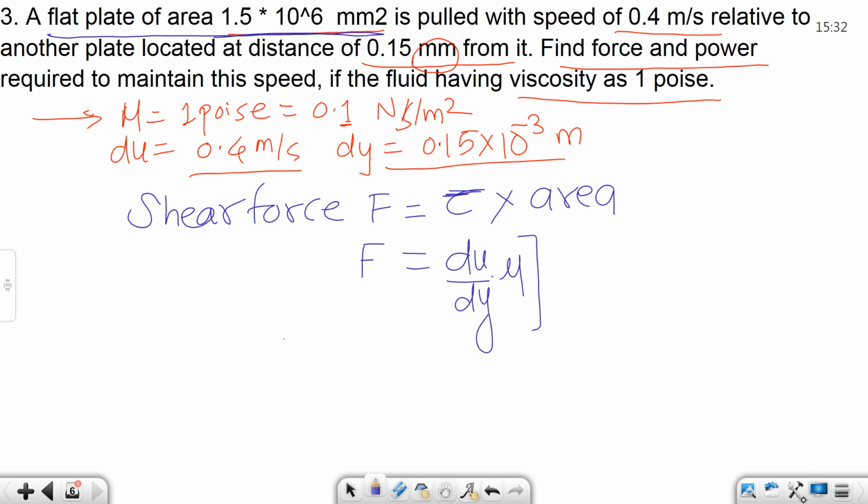So this is the equation of Newton's law of viscosity. So tau is equal to mu du by dy, and tau into the area of the plate, which is given 1.5 into 10 raised to 6 millimeter square, you can convert this to meter square. So accordingly, it is a simple factor of 1.5 meter square as area.